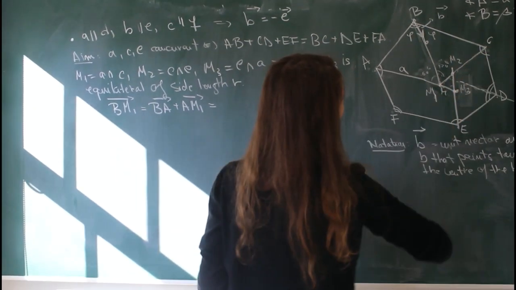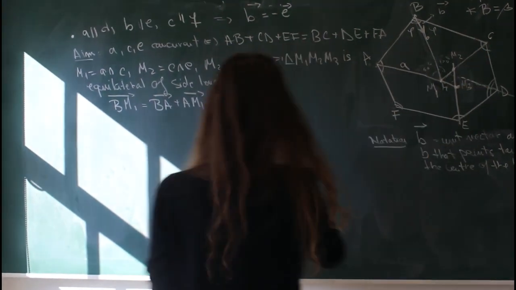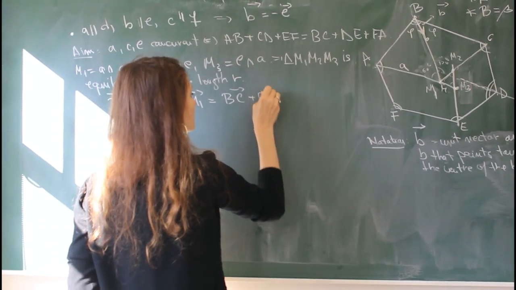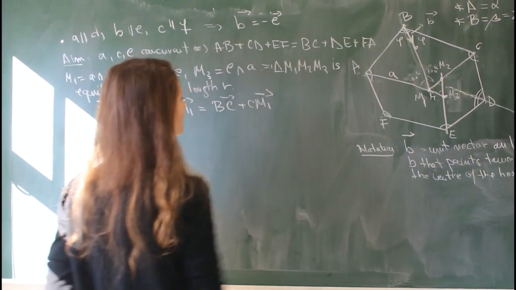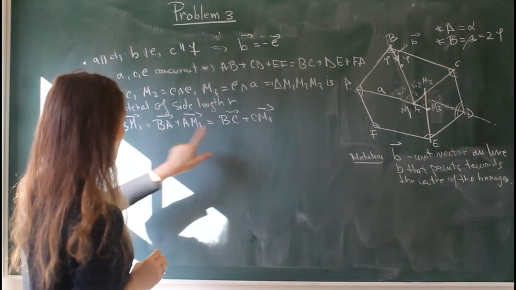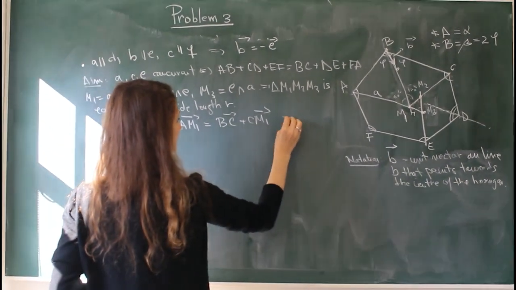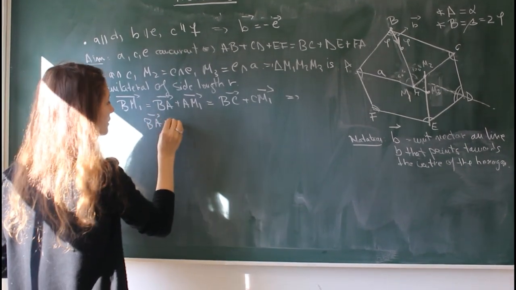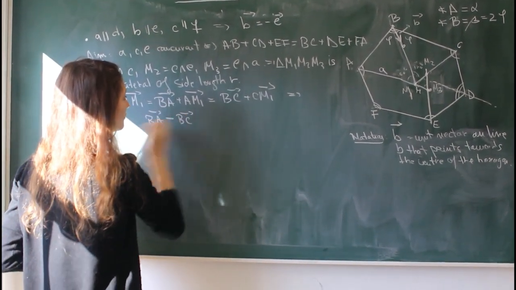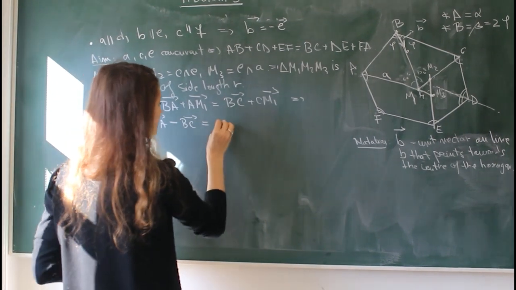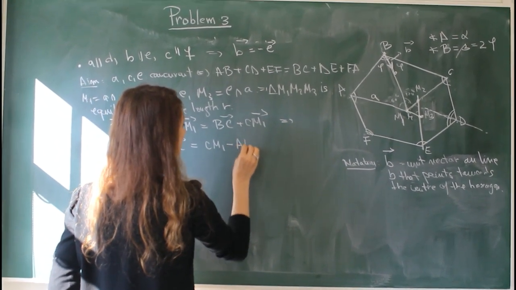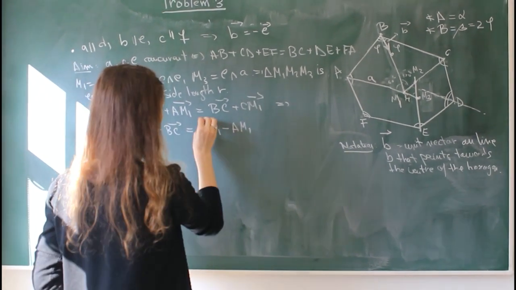And in this triangle is BC plus CM1. Let's rewrite this. This will give us that BA minus BC is equal to CM1 minus AM1 vectors.